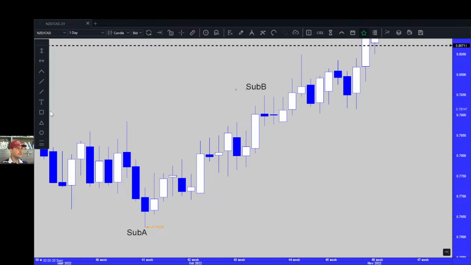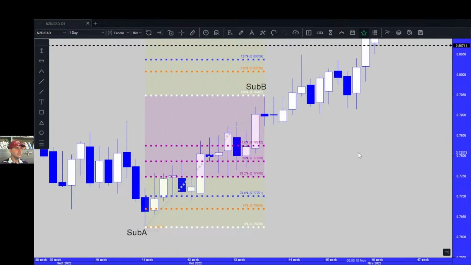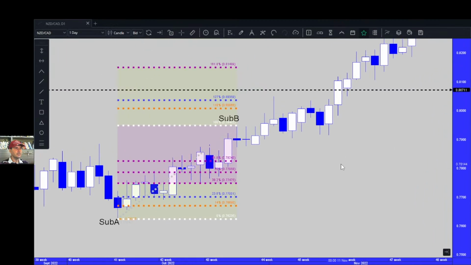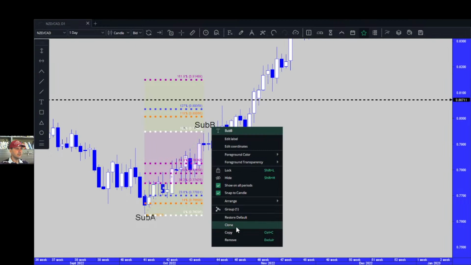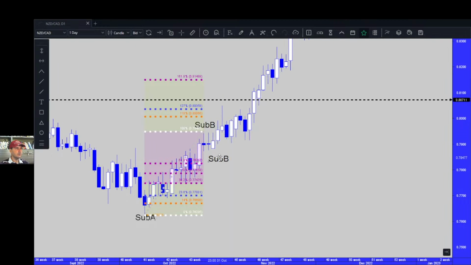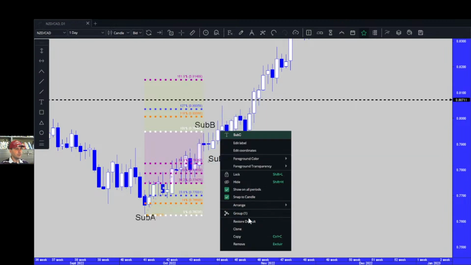The third is the first high as soon as possible after the sub A. So we have sub A, sub B, right? Sub A, sub B. And clone down in here is going to be our sub C. Exactly the same rules apply.